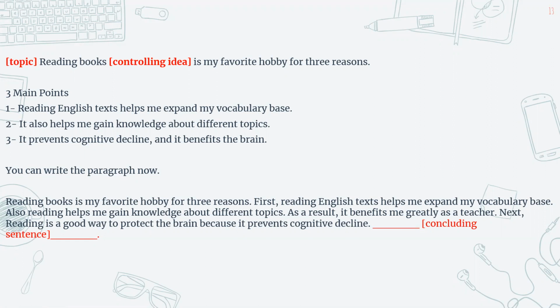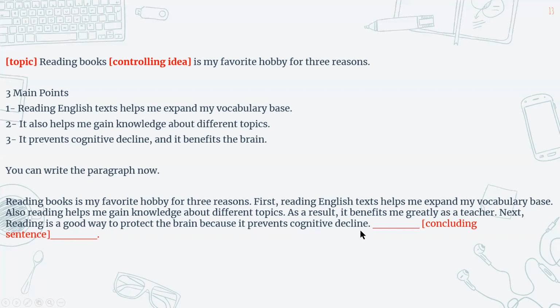Okay, the supporting sentences. You can write something very simple like this. Reading books is my favorite hobby for three reasons. First, reading English texts helps me expand my vocabulary base. Also, reading helps me gain knowledge about different topics. As a result, it benefits me greatly as a teacher. Next, reading is a good way to protect the brain because it prevents cognitive decline.